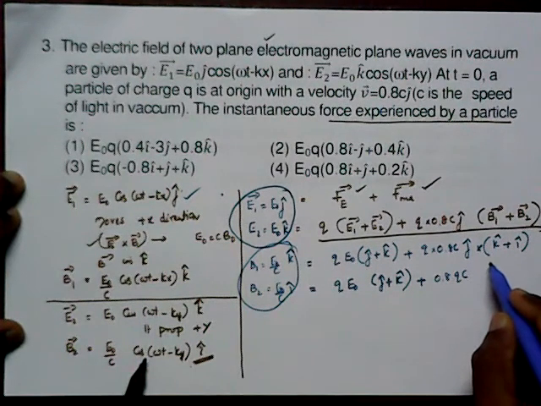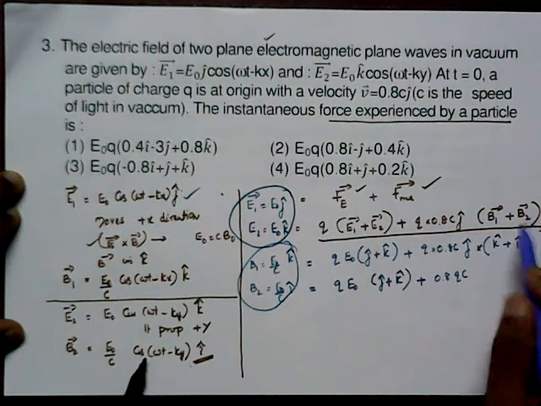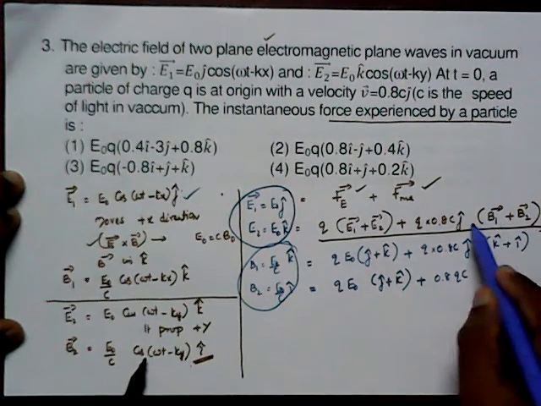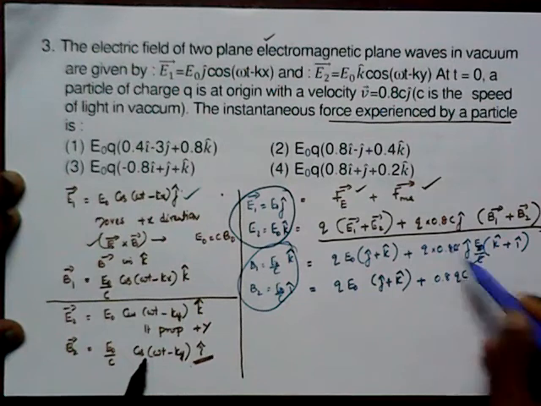that is a very important concept. So here it is B1 plus B2, so we can take that B0 value outside. That is E0 by c, so c cancels.